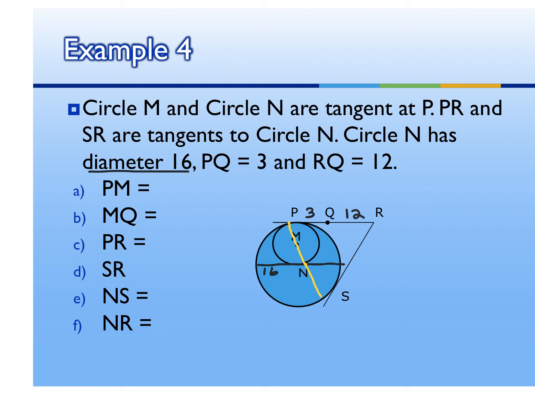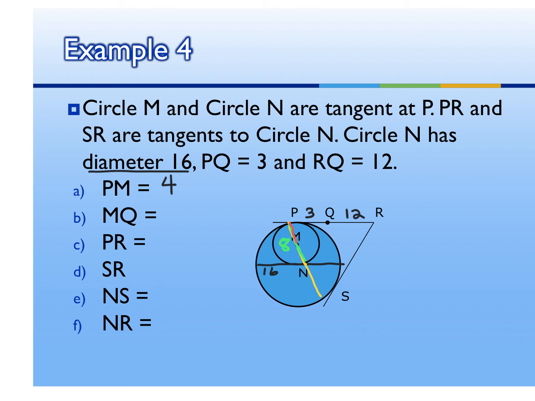And this would tell me that this radius here of PN, which is going to ask me, let's see, does it ask me for a radius? No. So this is actually the radius of this, which is also the diameter of the little one. So this diameter here of the smaller circle is half of the diameter of the larger one, which is 8. And then to find PM, which is actually the radius of the smaller one, divide that 8 by 2, and PM is 4.